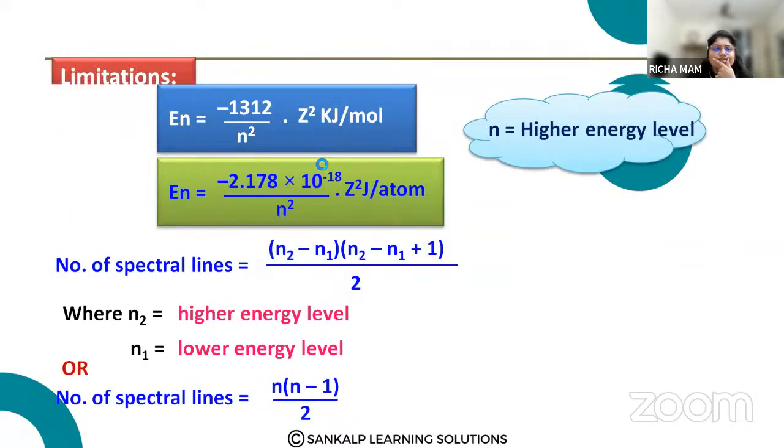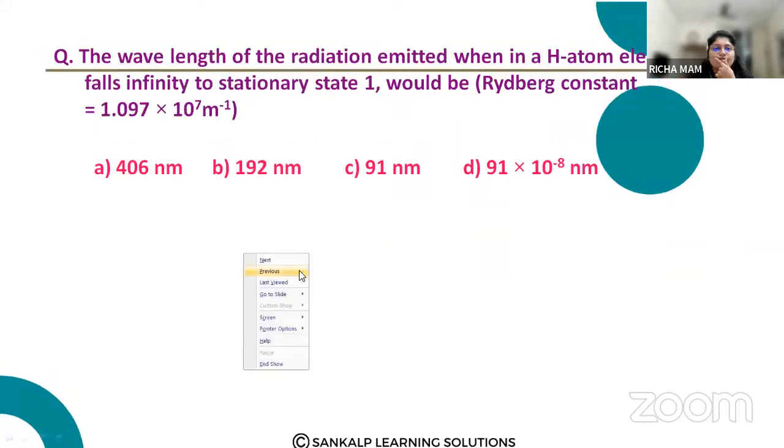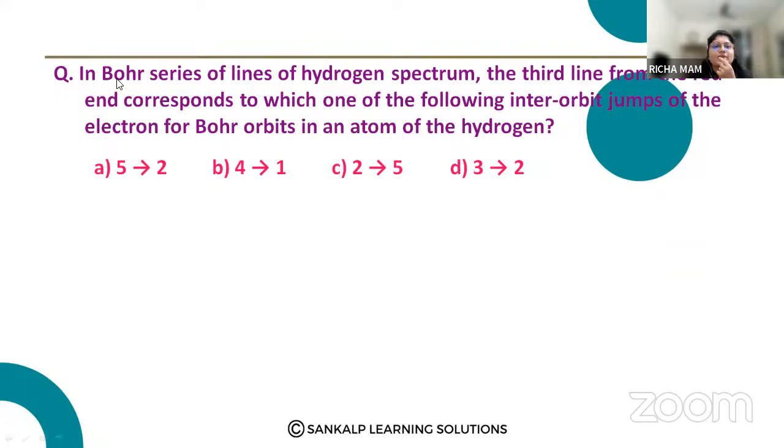Fine. Let us solve, then we will go for this. In the Bohr series of lines, just now we have shown the line spectrum.